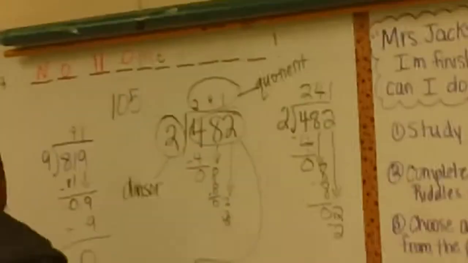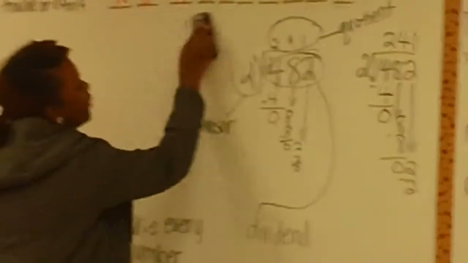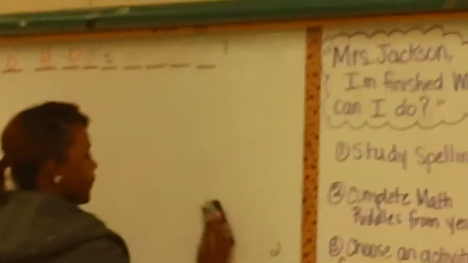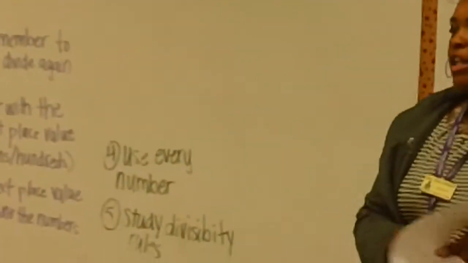For our model, I'm going to erase this. A lot of you got this one right, so that means that we do good when we can see what we're working with. Okay, let me model the class. I need 6 volunteers. Raise your hand.